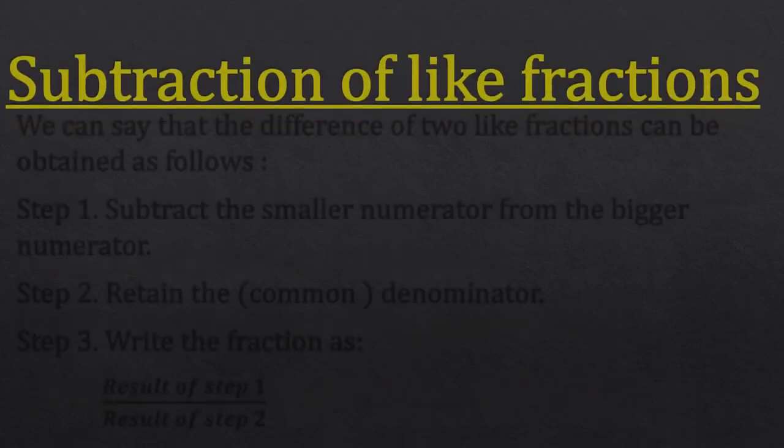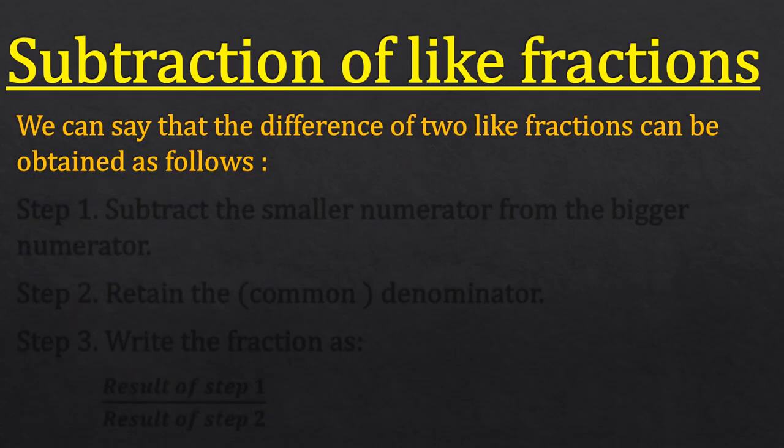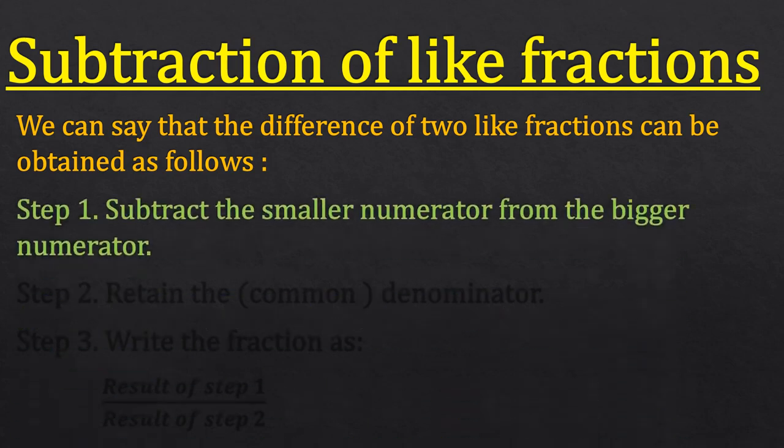Next topic is subtraction of like fractions. As we have done addition, in the same way we will do subtraction. See, we can say that the difference of two like fractions can be obtained as follows. Step 1. Subtract the smaller numerator from the bigger numerator.